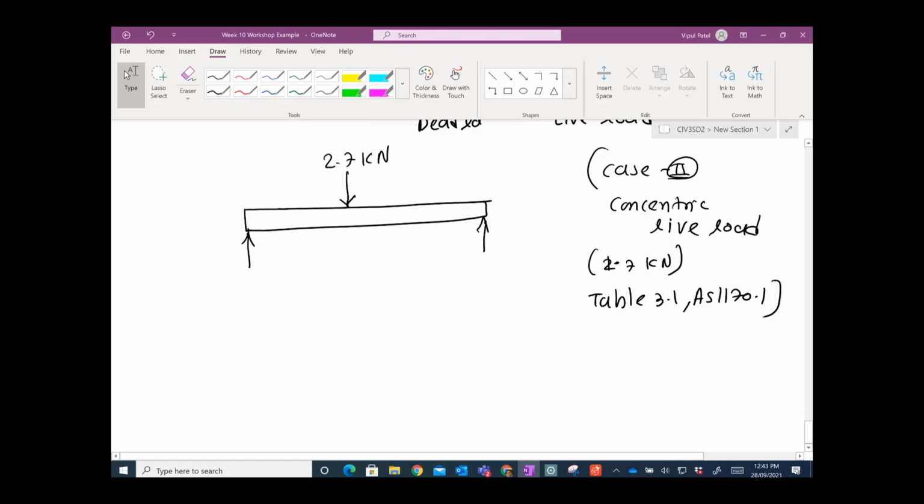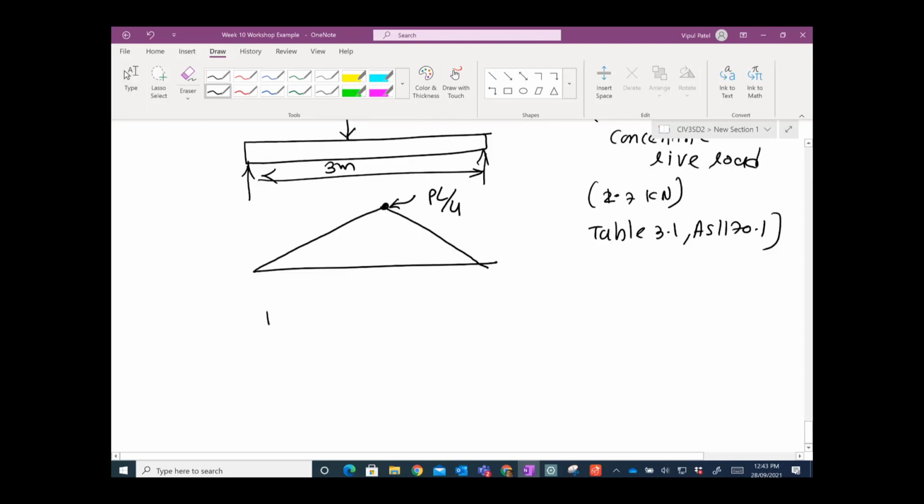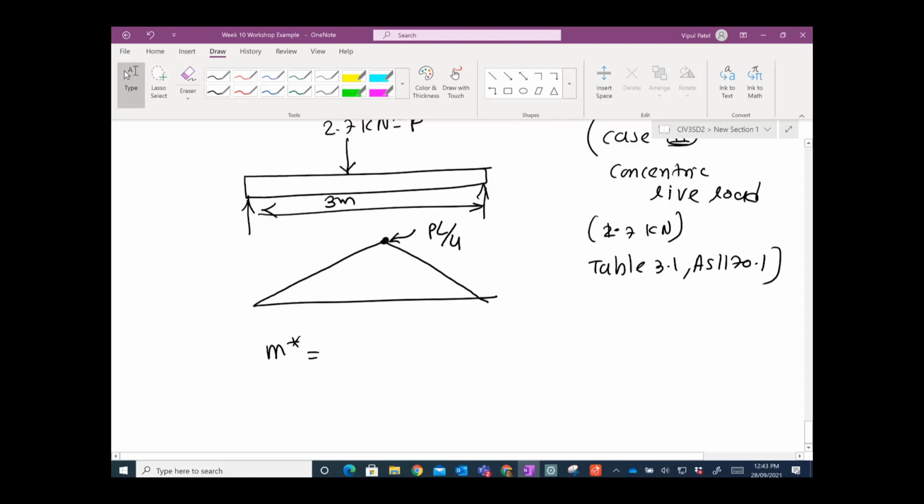Give me a minute. I think there is an equation, PL over 4. If I want to calculate the moment, the bending moment diagram looks like this, with PL over 4 at this point, and let's say this length is 3 meters. So the M star for the second case would be 2.7 kilonewtons times 3 meters over 4.